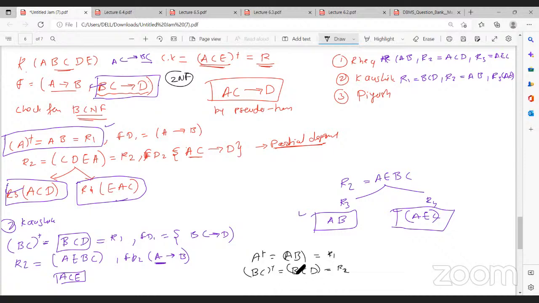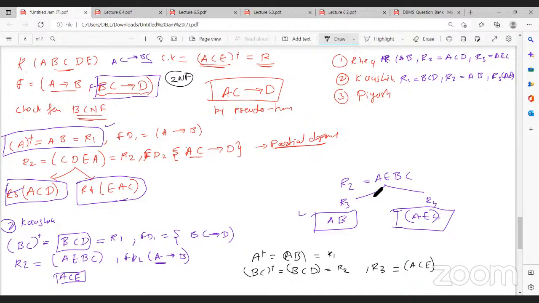So in order to make this decomposition lossless, I will add one relation R3, which will be my candidate key, that is AC.